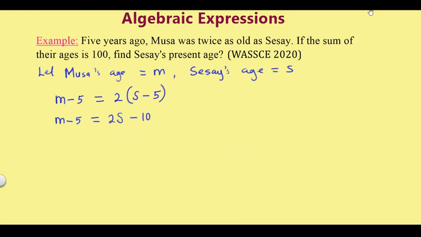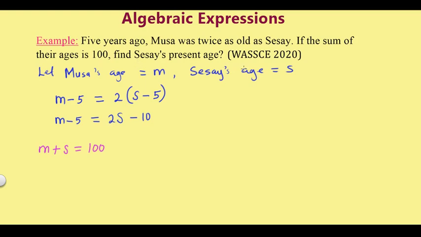Then the next part says, if the sum of their ages is 100. That means 100 is the present age we are talking about here. So the present age M plus S is equal to 100.